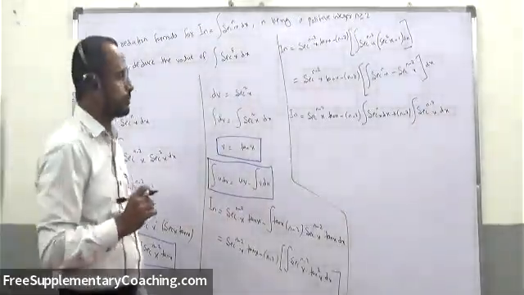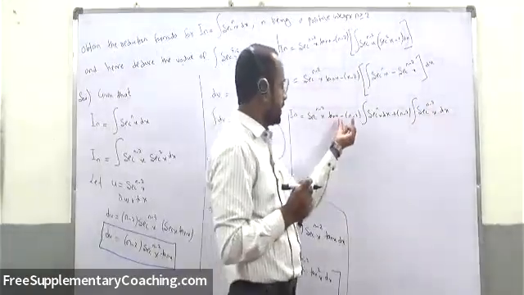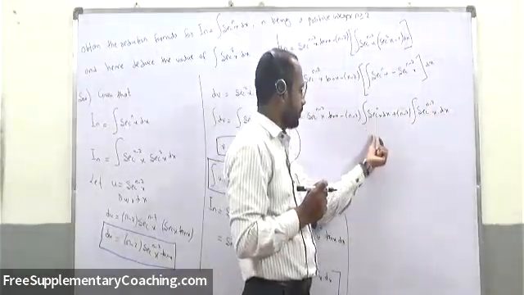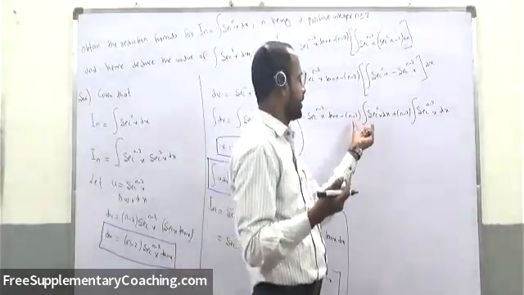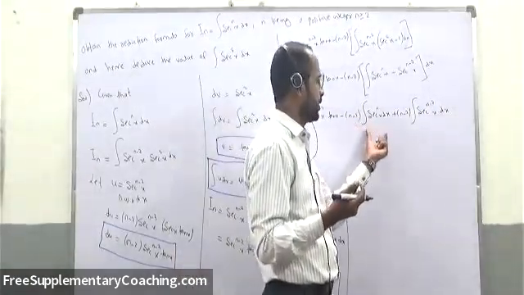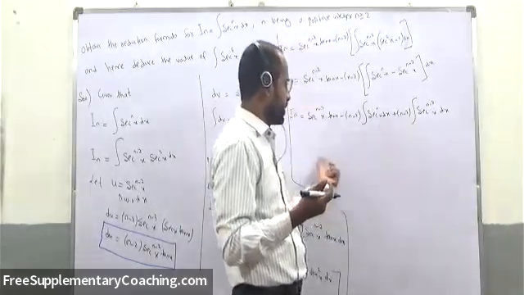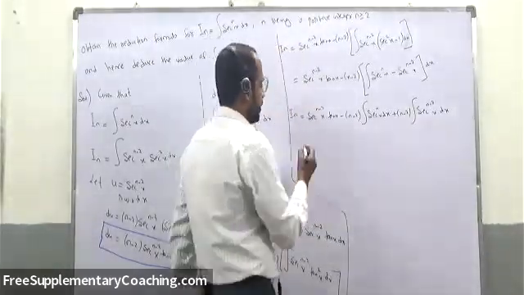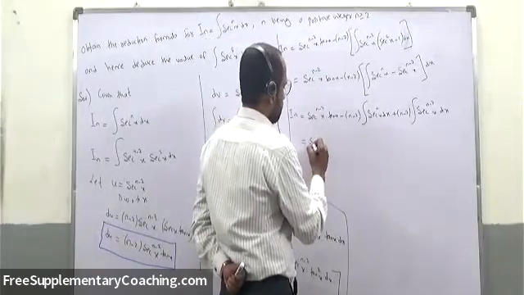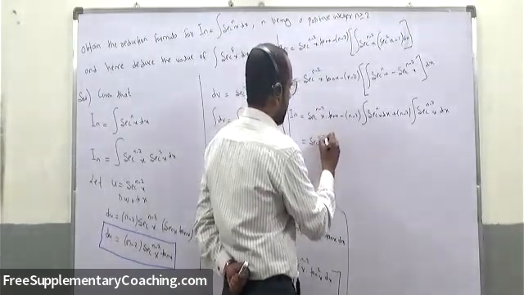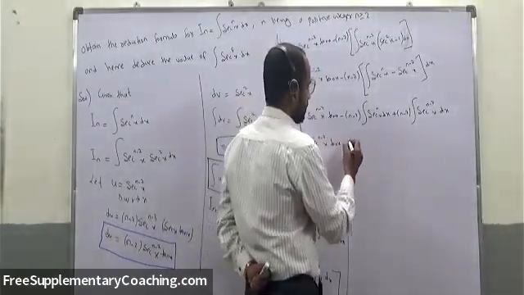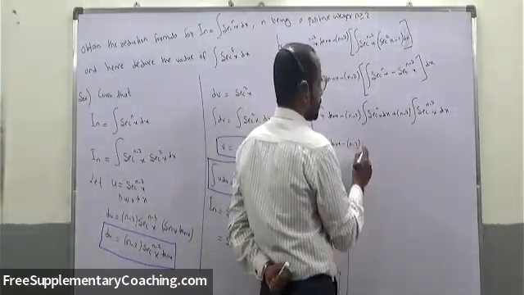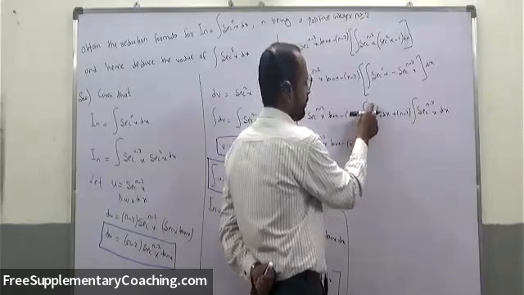Now, this minus term I'm taking to the LHS, or else we can substitute the respective values for this, and then we bring that term to this side. Look here. Secant power n minus 2 x into tan x minus n minus 2 integration of secant power n x dx.